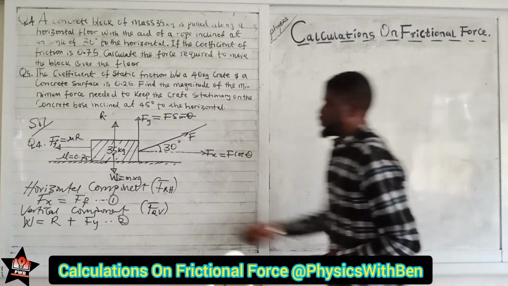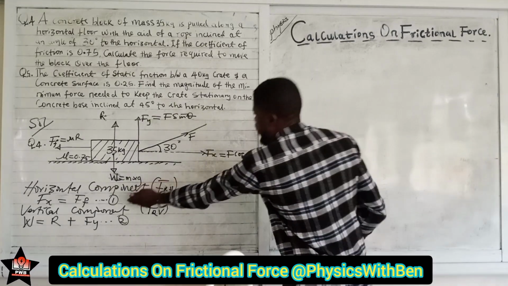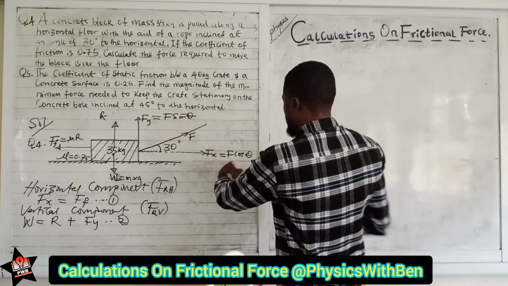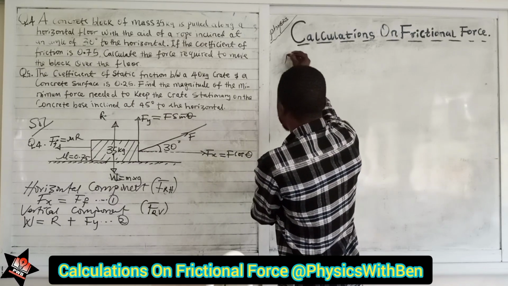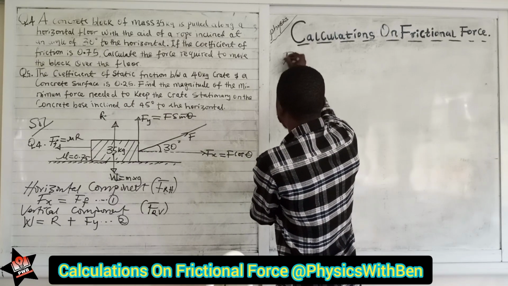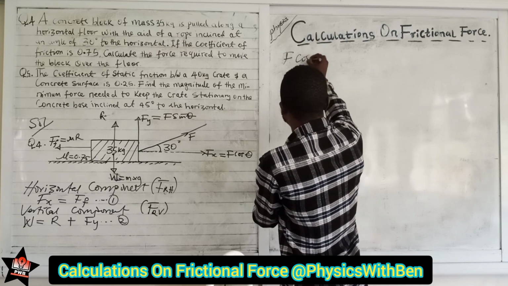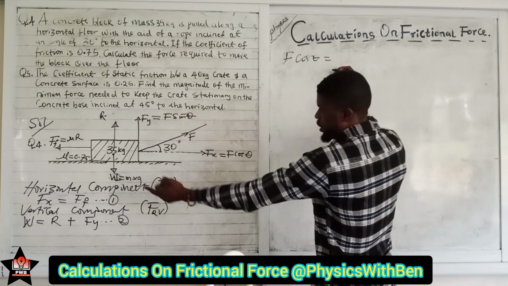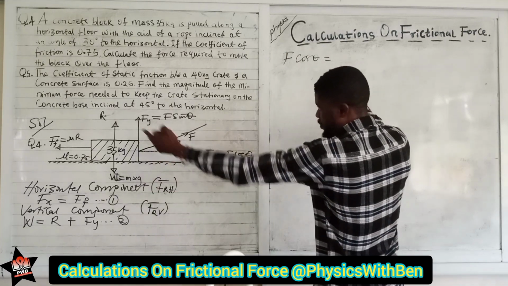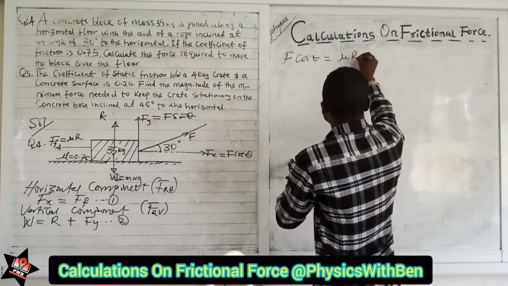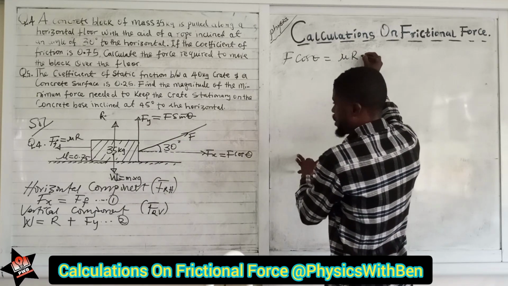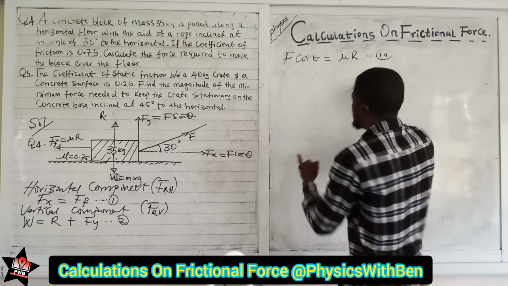Good. So from here, for equation 1, we write that our Fx, which means F cos theta, is equal to the friction, mu R. We call this our equation 1a.